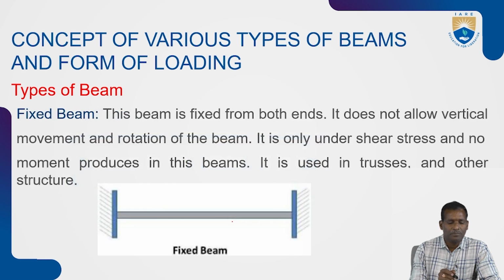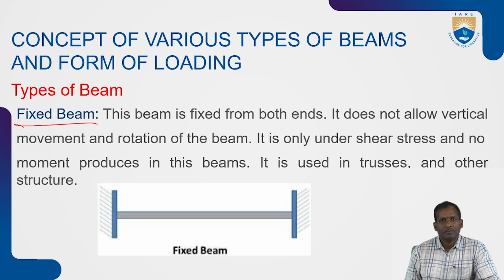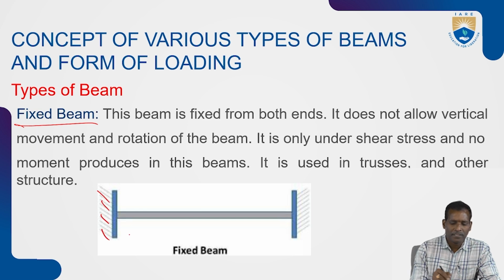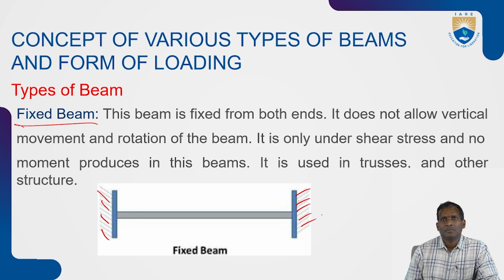Next, fixed beam. This beam is fixed from both ends. So here see, both ends are fixed. It does not allow vertical movement and rotation of the beam.